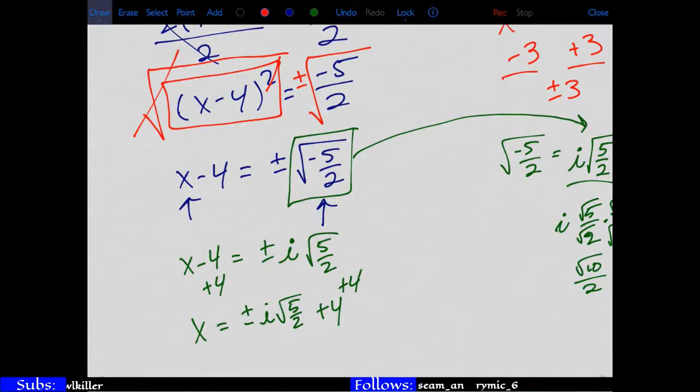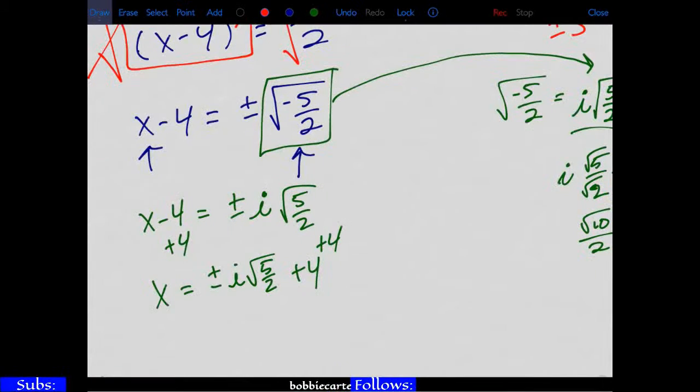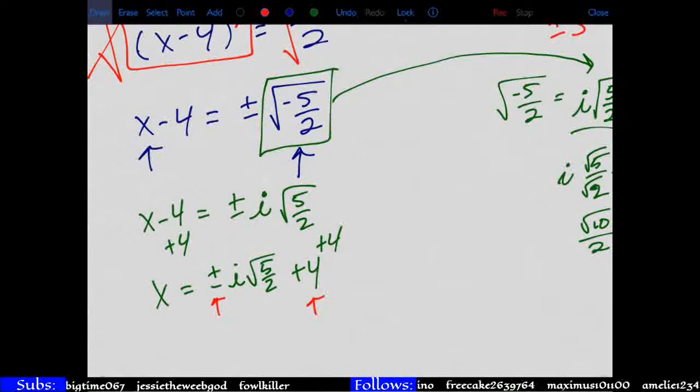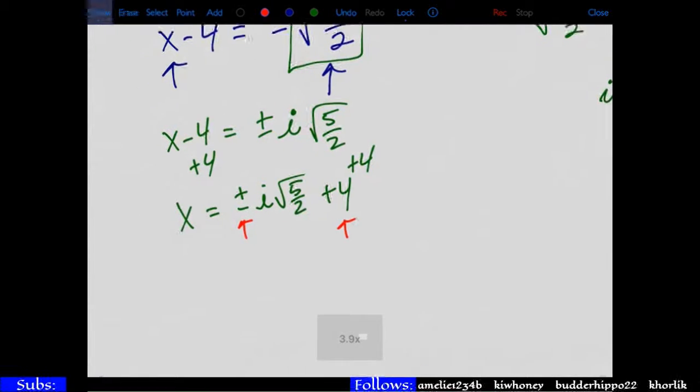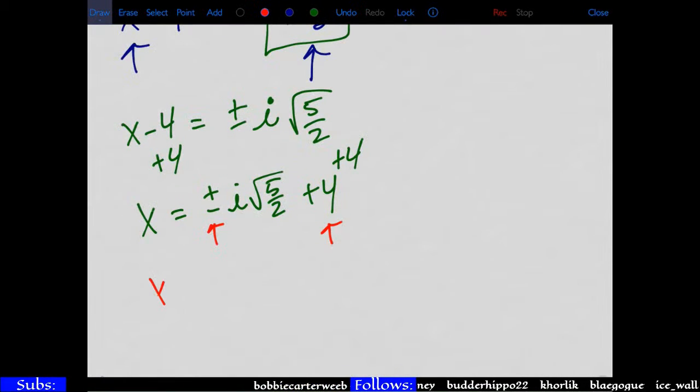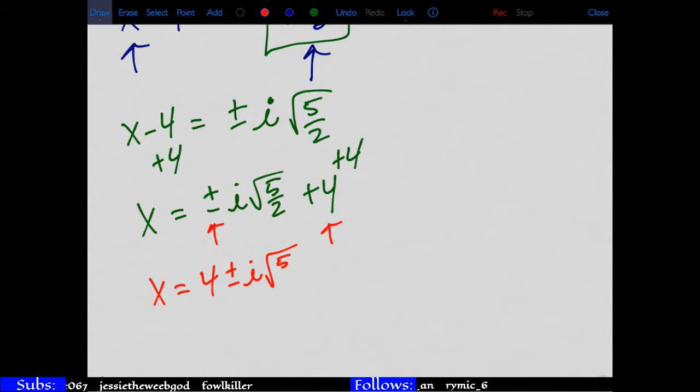And the last step here is a little picky, but whenever we write numbers that have a plus or minus in it, we typically write the real number first. We're just going to switch the order here of these two numbers. Since it's addition or subtraction, we can just switch the order. So we say x equals 4 plus or minus i root 5 over 2.